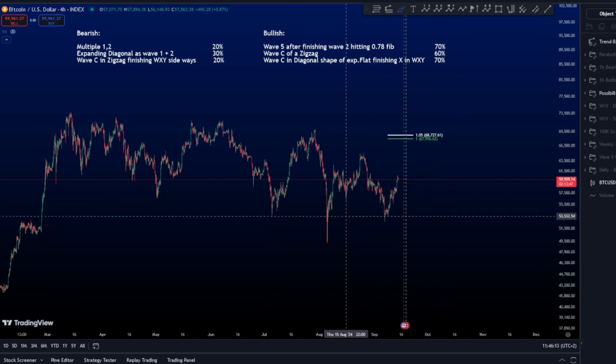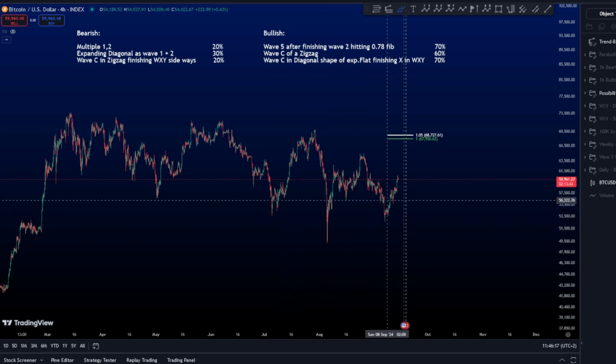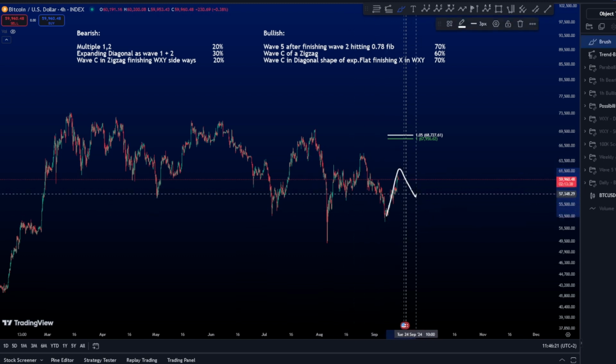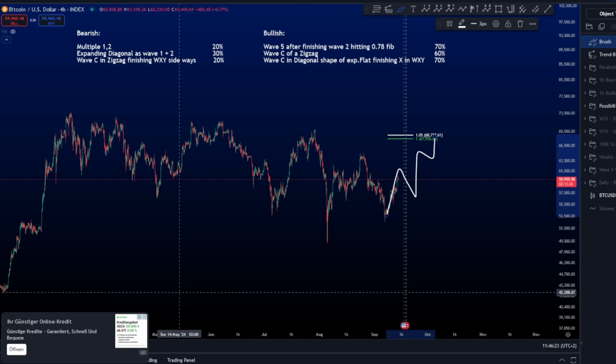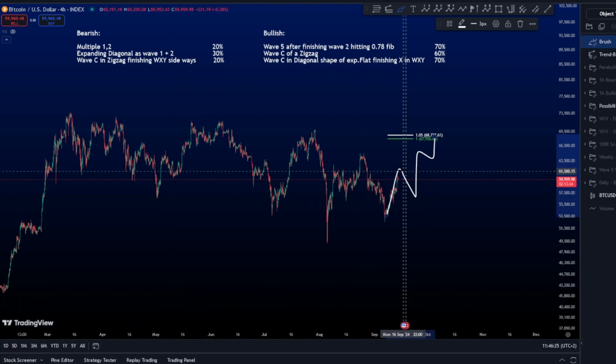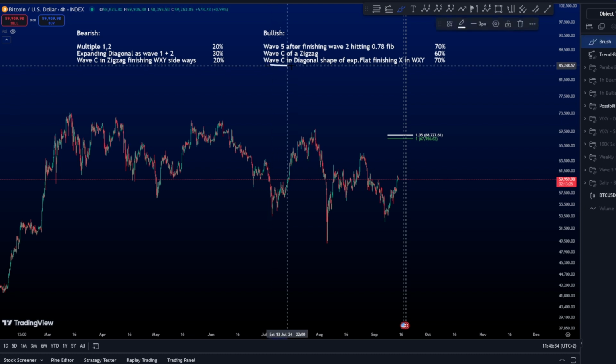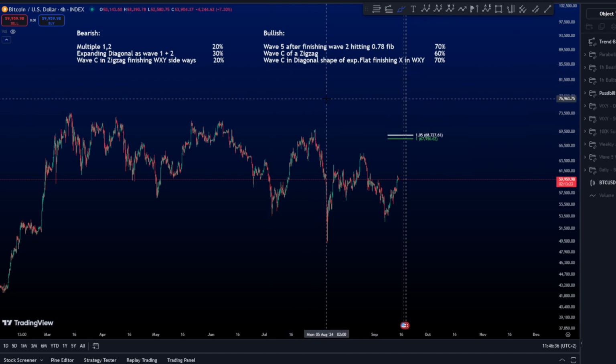Now, preferably in this scenario, as a zigzag, to have an impulse, exactly a normal impulse, or even a diagonal can still work fine, but much more important is to have 5 waves towards the upside. Now you can see also a wave C in a diagonal shape of an expanding flat finishing WXY, exactly.